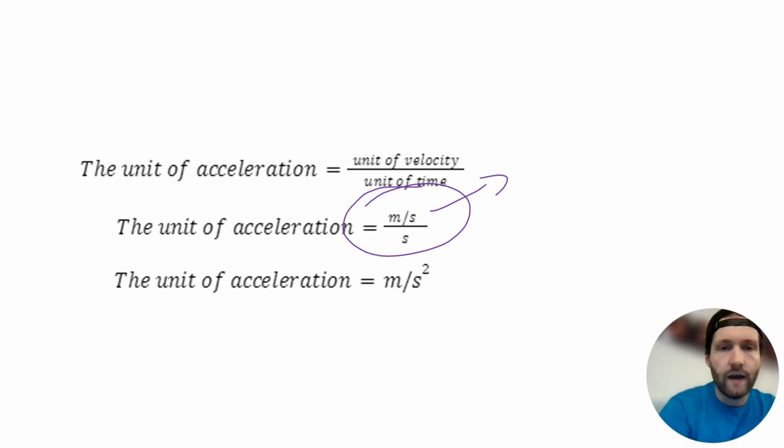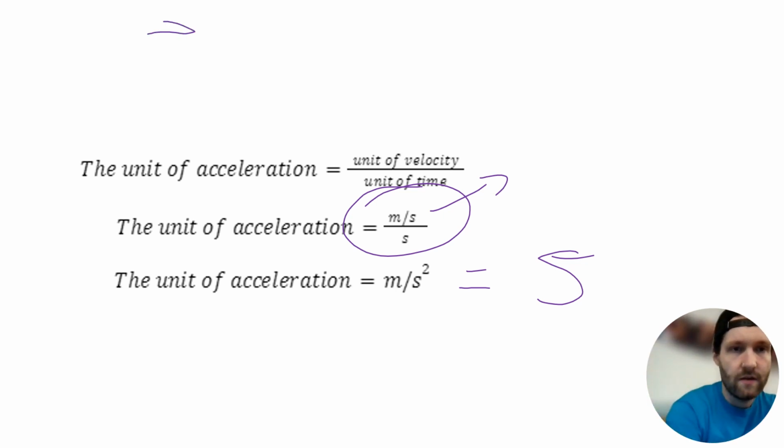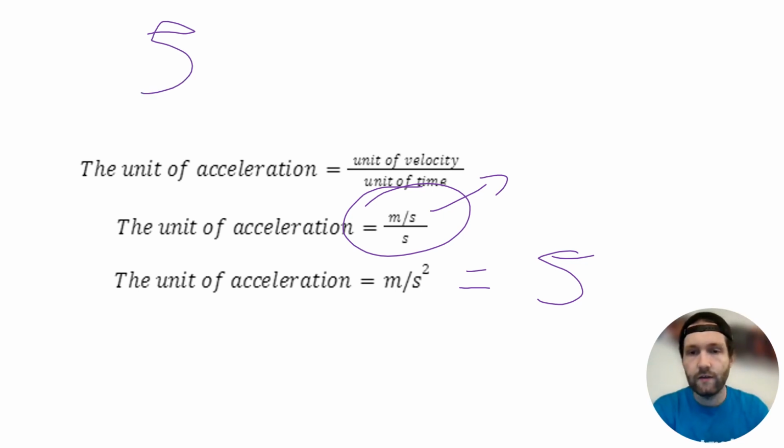Okay? So if I had an acceleration of 5 meters per second, that means every second I am traveling an additional 5 meters per second. So in second 0, let's say I'm traveling 0. I'm accelerating by 5 meters per second. 1 second later, I'm now traveling 5 meters per second.